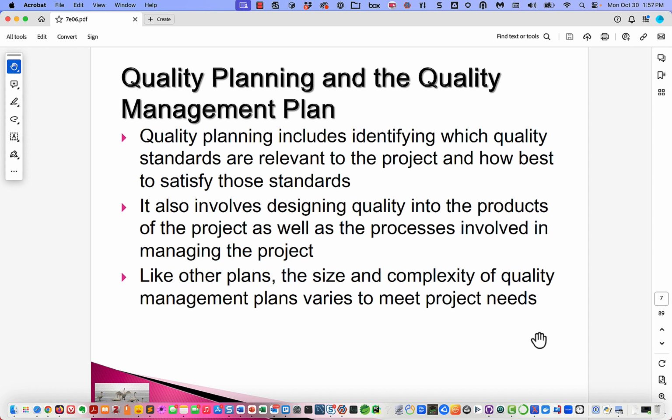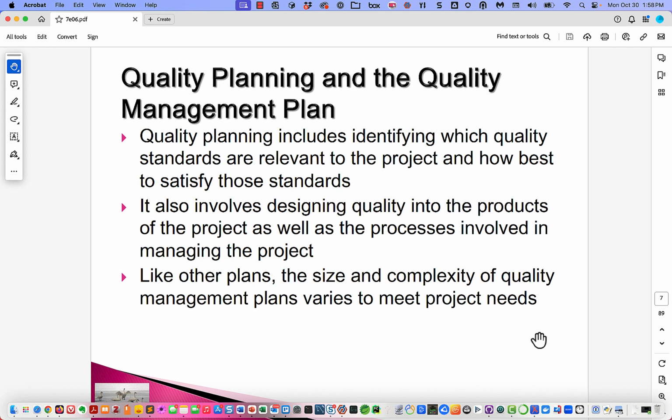So what's the quality management plan? Well, quality planning includes identifying which quality standards are relevant to the project and how best to satisfy those. Okay, we don't want to just kind of generally say that we're going to meet quality standards. We want to say which ones in particular.